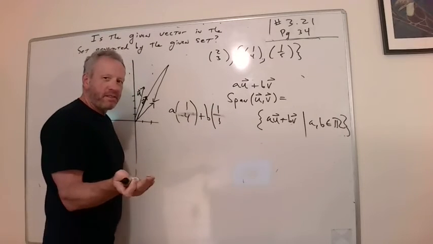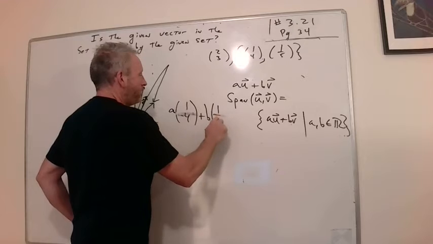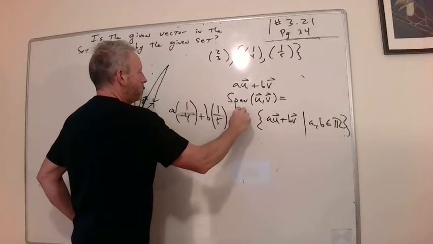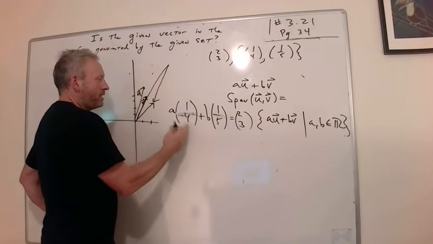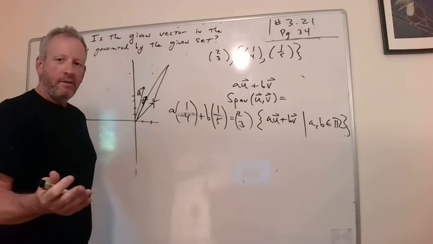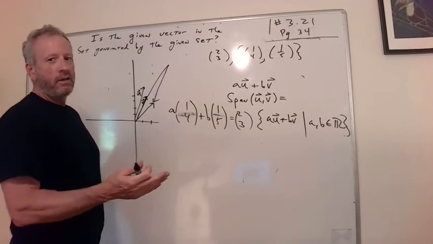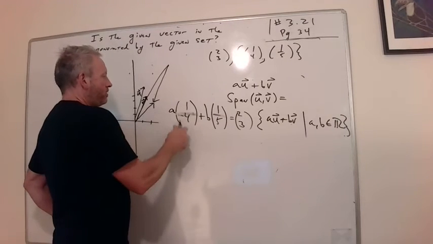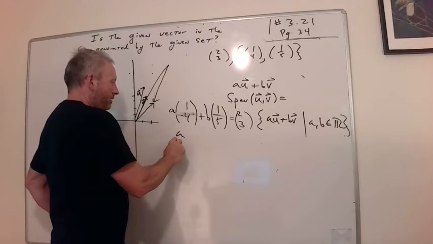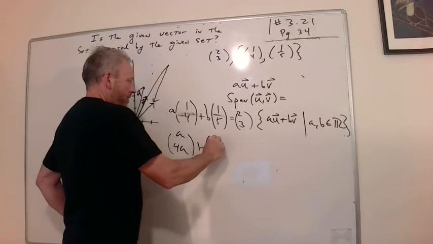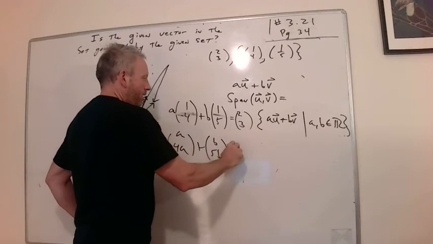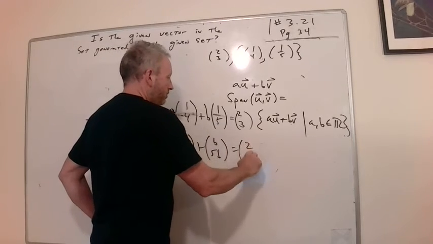Sorry, I keep writing it like a fraction, but it's the vector (1, 5), and that's supposed to equal the vector (2, 3). Well, let's go ahead and multiply this out via our definition of scalar multiplication and addition of vectors. What does this look like? It looks like (a, 4a) plus (b, 5b), and that's supposed to equal the vector (2, 3).